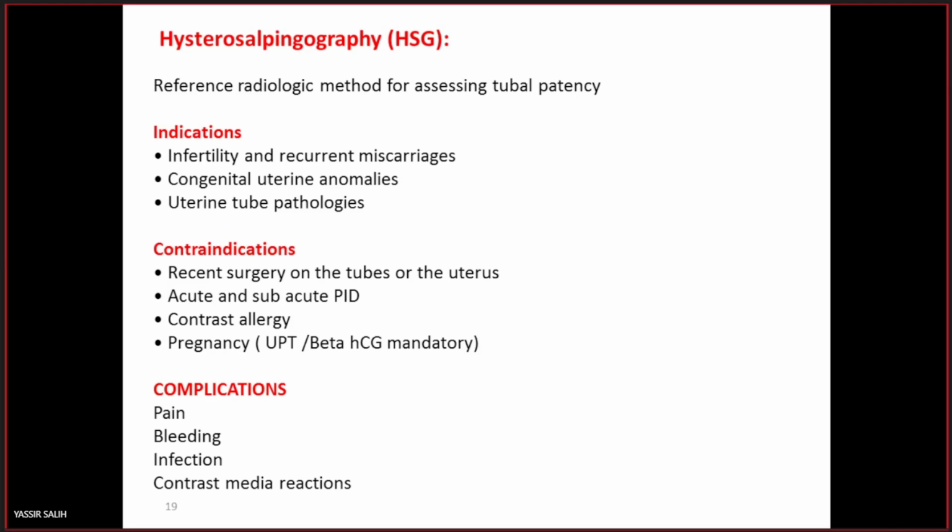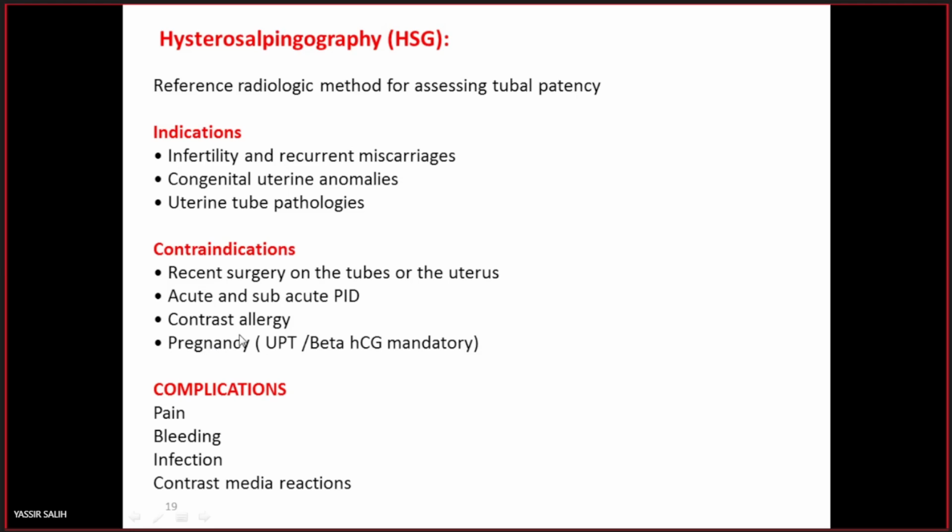You have to treat the patient with, for example, antibiotics, and then you can do this hysterosalpingogram. Contrast allergy, although it is not common, we do not see it often. If the patient has contrast allergy, this is also contraindicated.